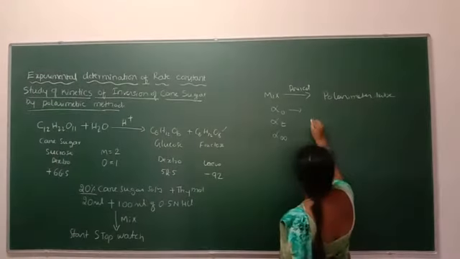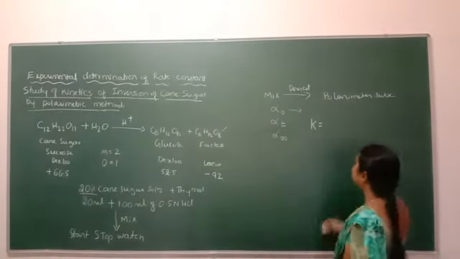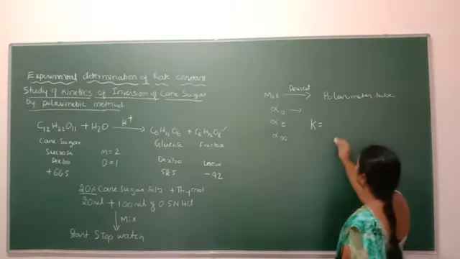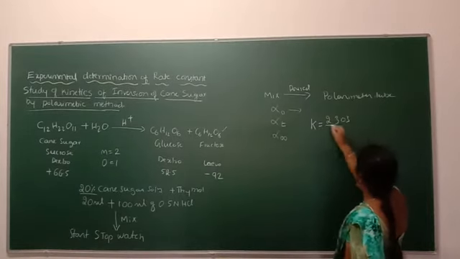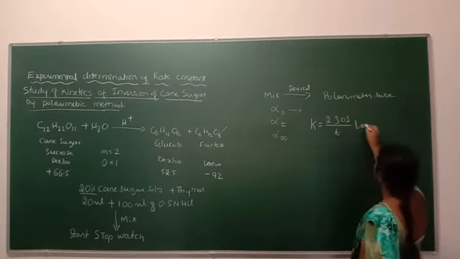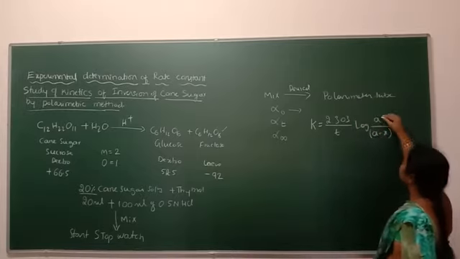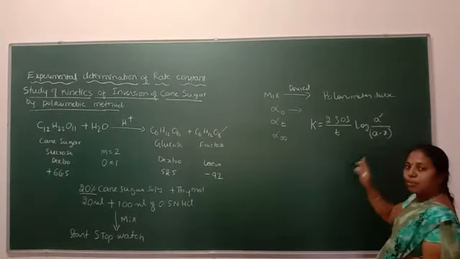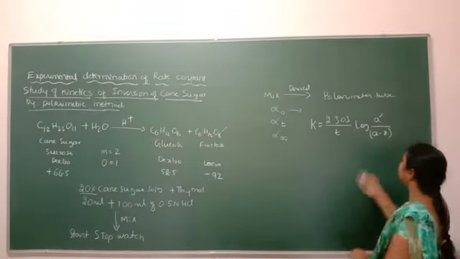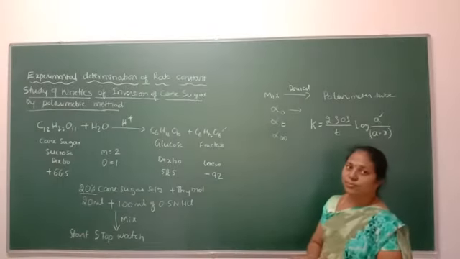we have to take the integral form of the rate expression, that is going to be k equal to 2.303 divided by t log of a divided by a minus x. Where a is called the initial concentration, x is nothing but the amount of reactant converted into product, and a minus x is nothing but the amount of reactant left over.